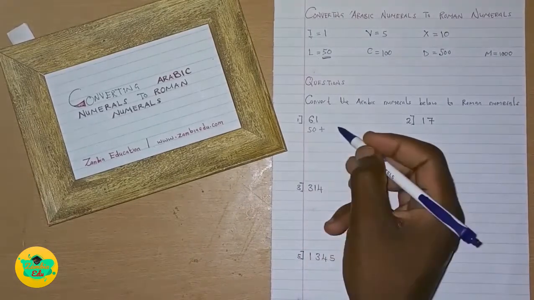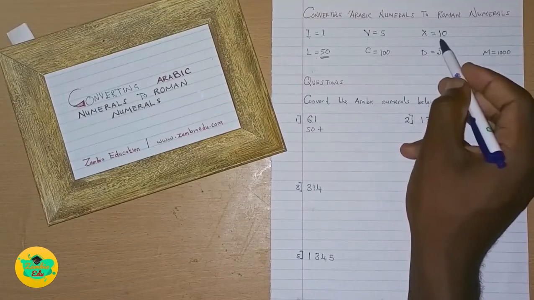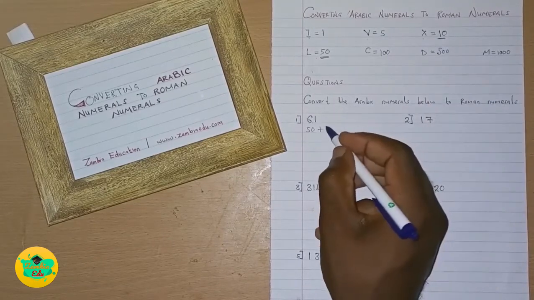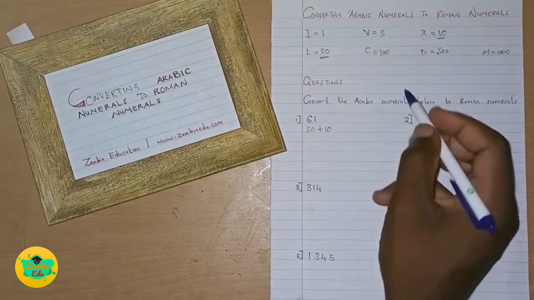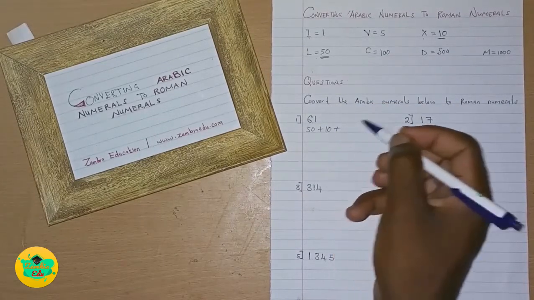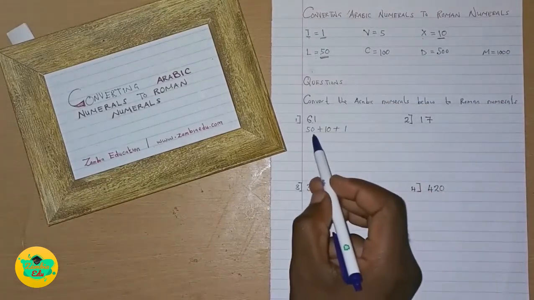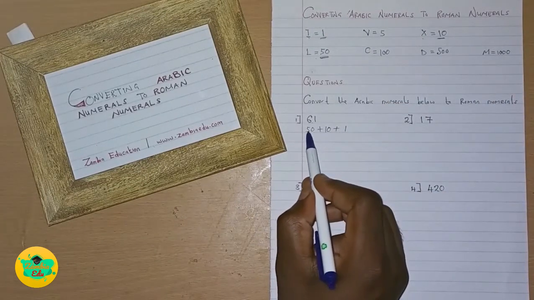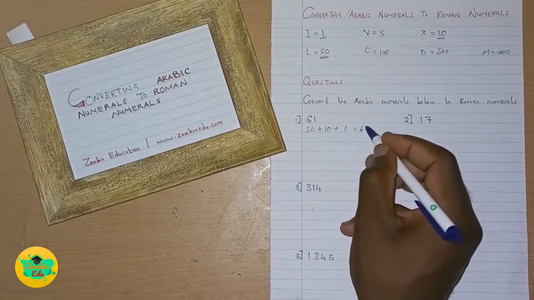Then we can add to it, what else can we use? A 10 for X there. And then we can get a 1 there too. So if you add 50 plus 10 plus 1, it should give us 61.